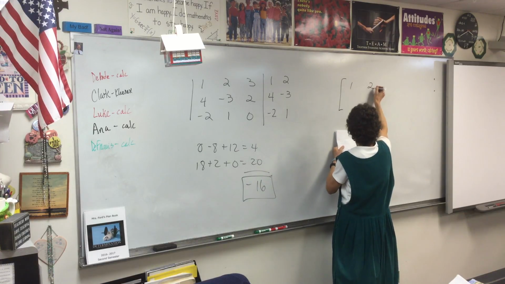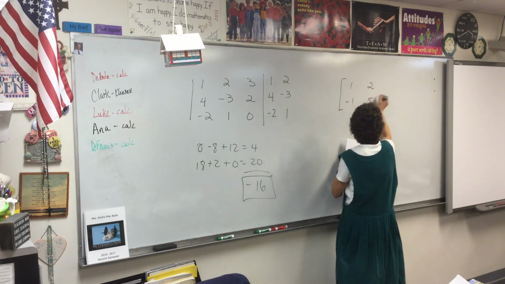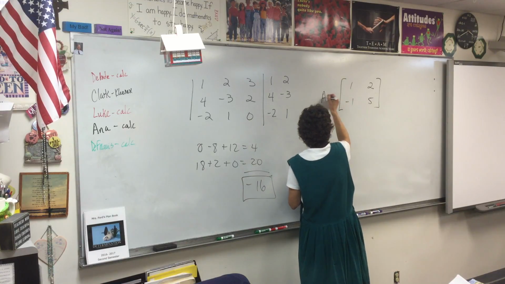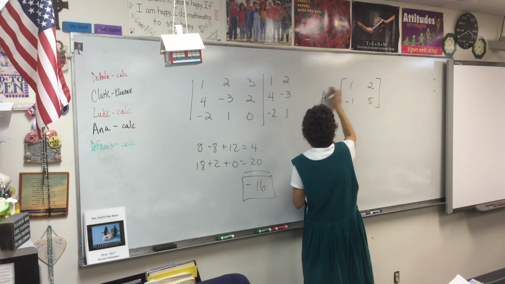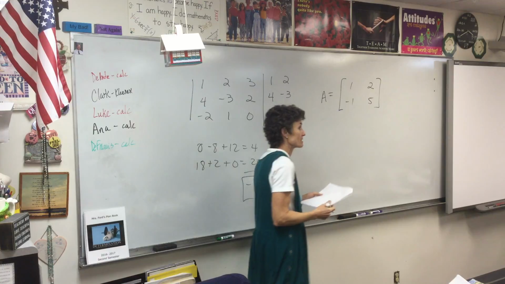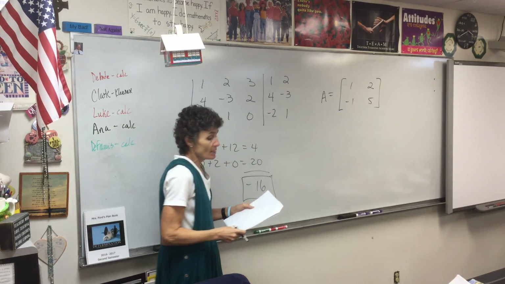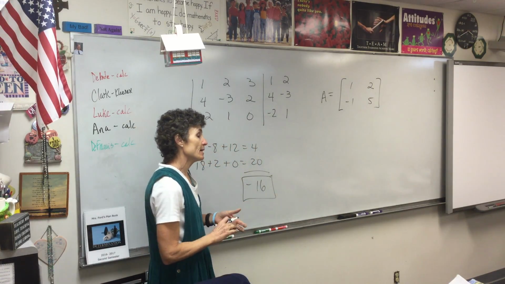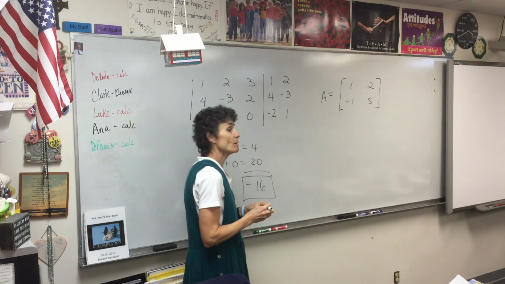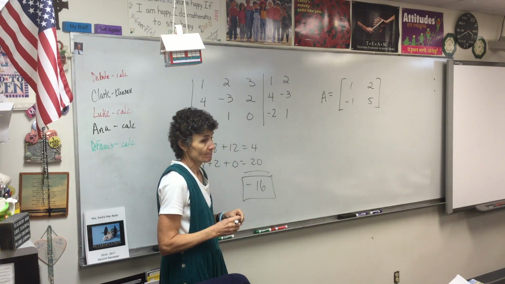We know how to multiply matrices. We can't divide matrices. There is no such thing as matrix division. So what we do instead of dividing is we multiply by the inverse.